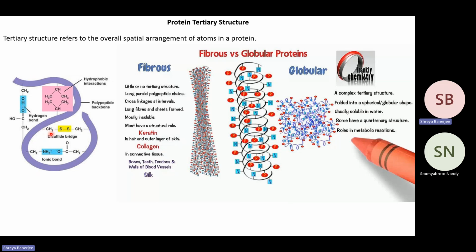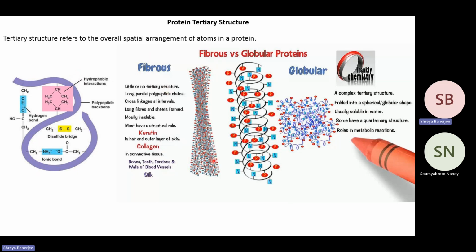Cysteine was CH2SH. If two cysteines come close together and the hydrogens are lost, it will form a disulfide bridge. Or there can be ionic bonds between an acidic and a basic amino acid. These kinds of interactions, which determine the three-dimensional structure of the protein, give stability to the tertiary structure.